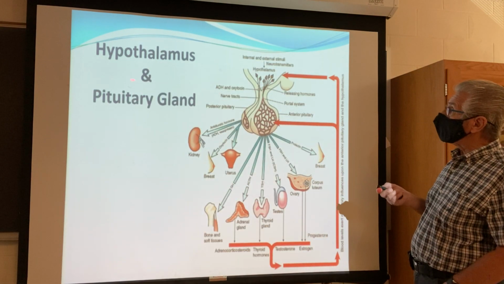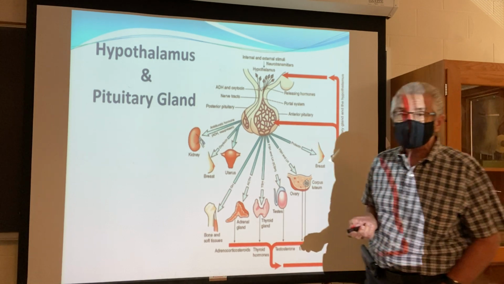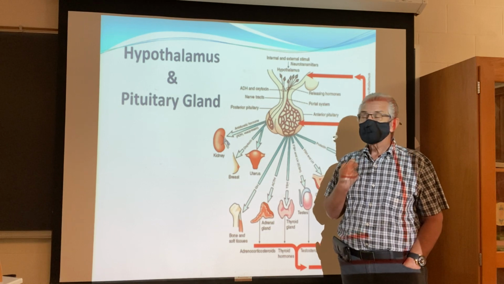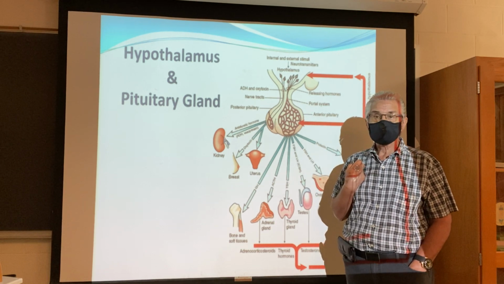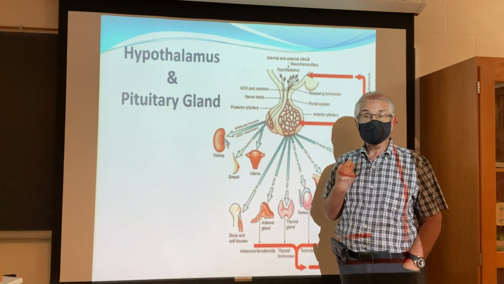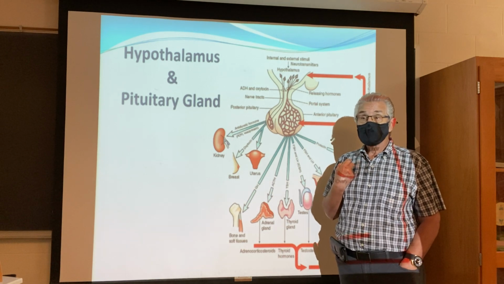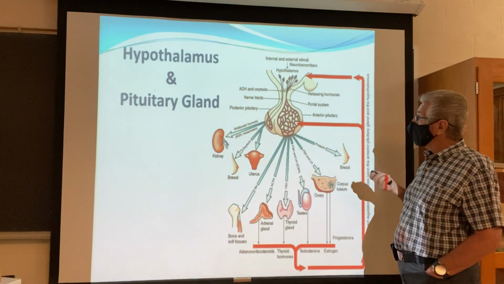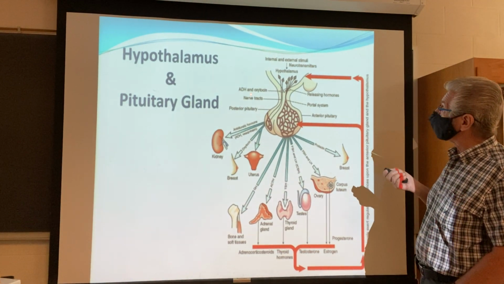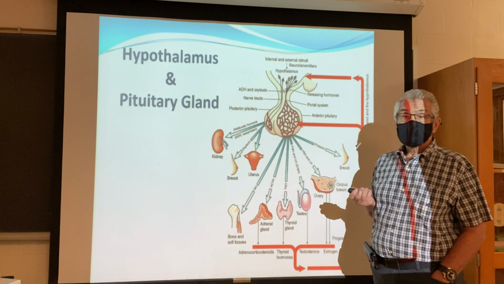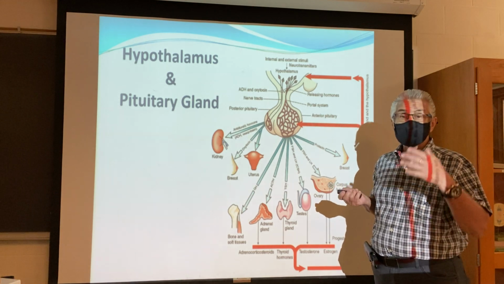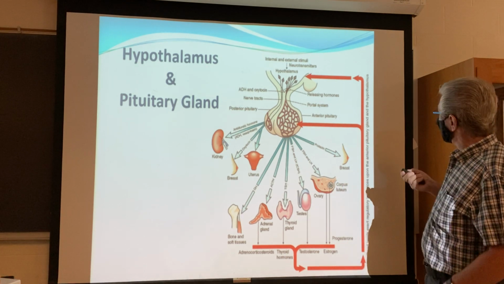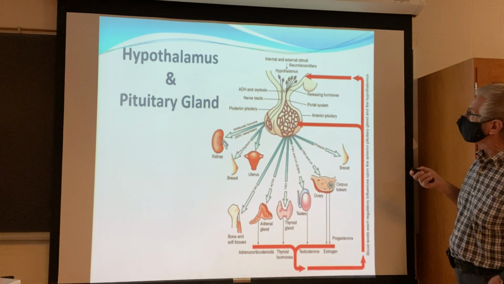Here we see the hypothalamus and the pituitary, and this is something that I must stress, and Dr. Milescu will stress the same thing: you have to just sit down and memorize these hormones. Put them on index cards, and we will supply you with various handouts that you can rely on, as well as these PowerPoints that you can study very effectively.